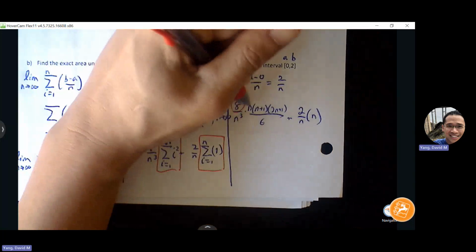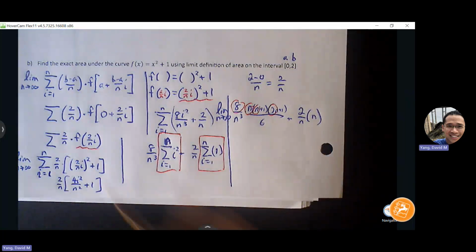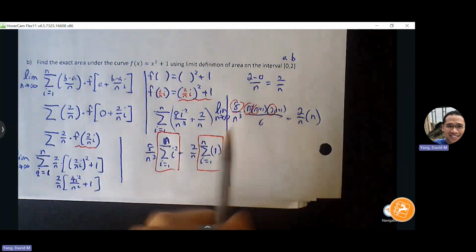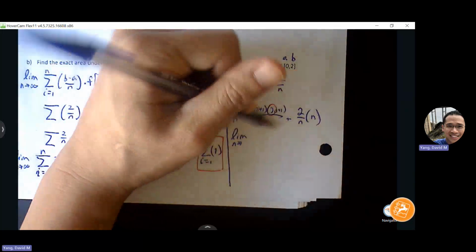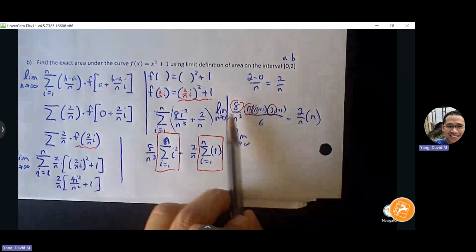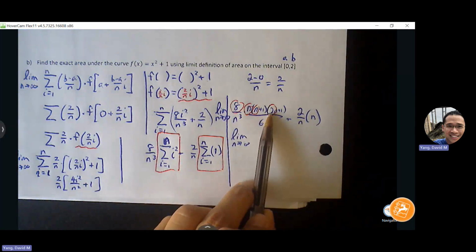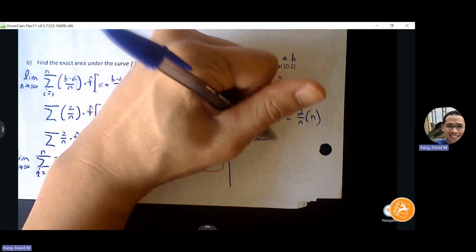So we can just build what will be my first term. So my numerator is just going to be what? Yeah, not 8 over 6. There's something else here. What's 8 times n times n times 2n over 6? 16n cubed over 6n cubed.